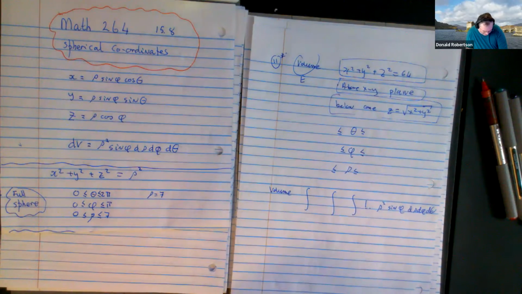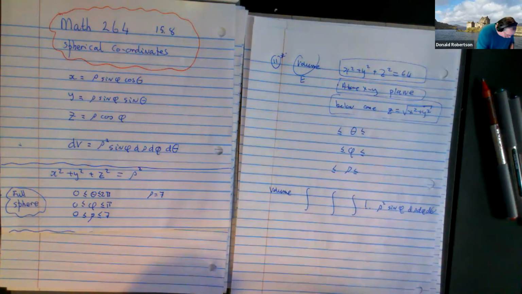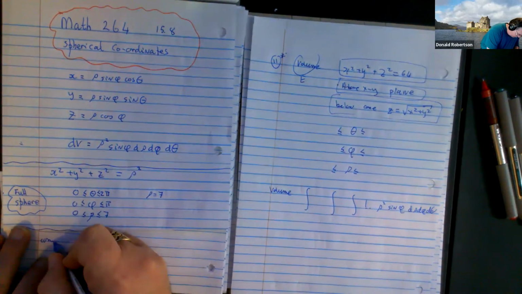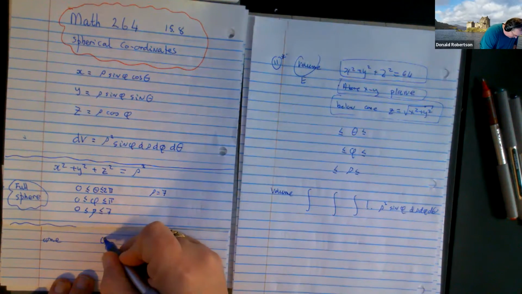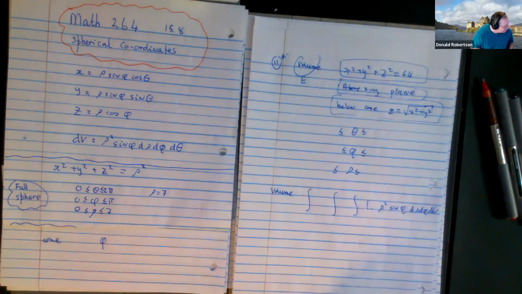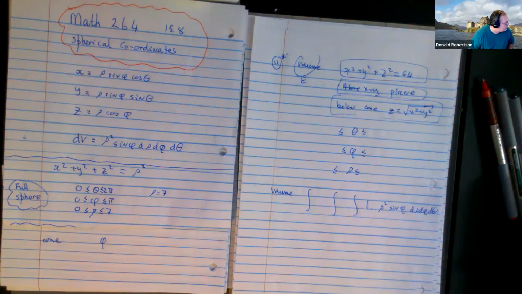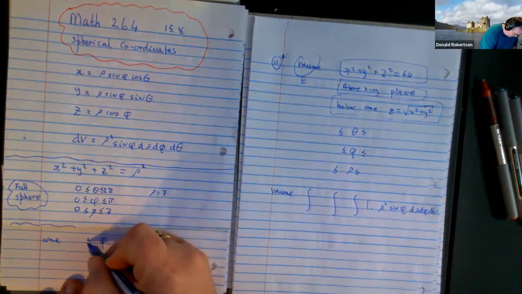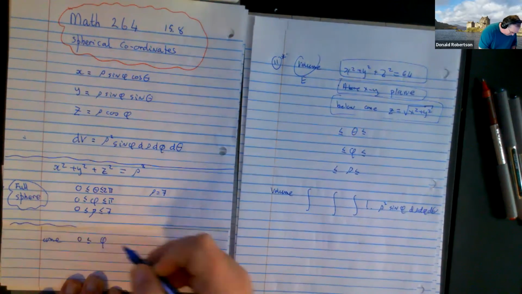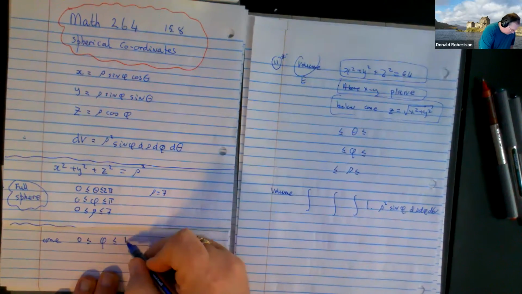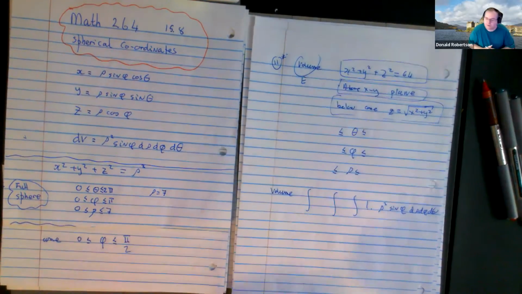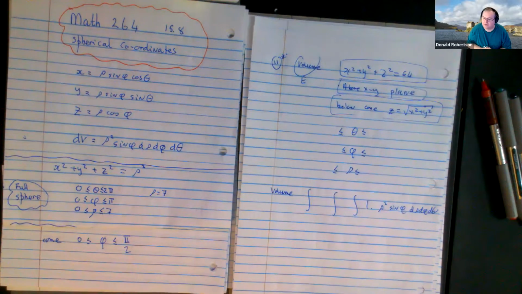that cone. Oh, by the way, when you do a cone, what's the range of values you get? From 0 to pi upon 2, wouldn't that generate a cone? Right, essentially.